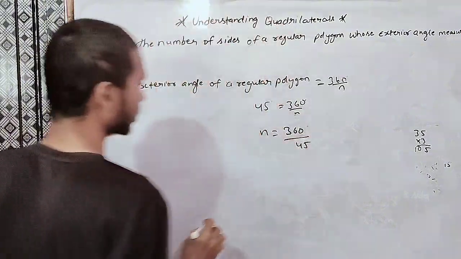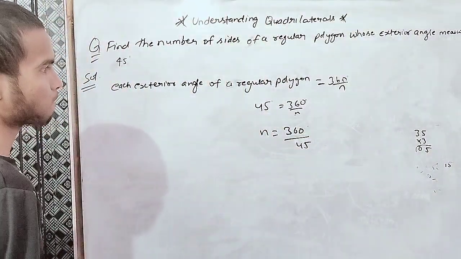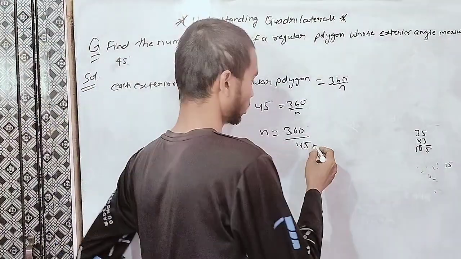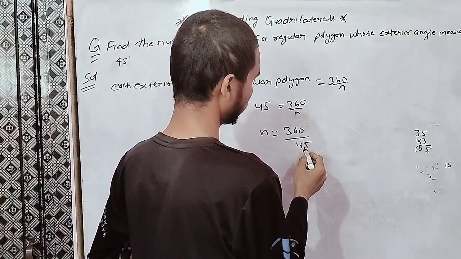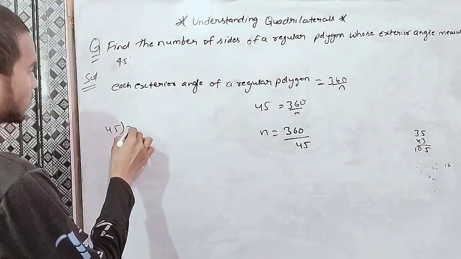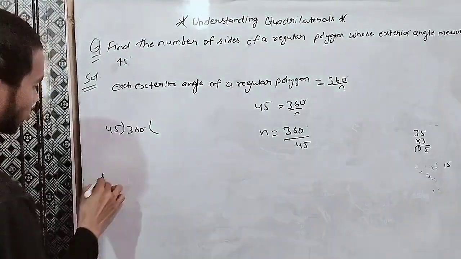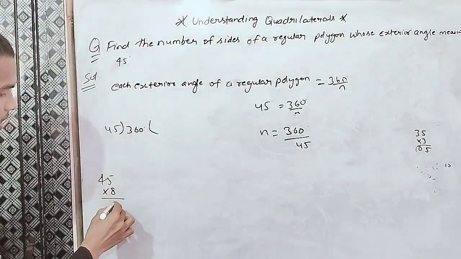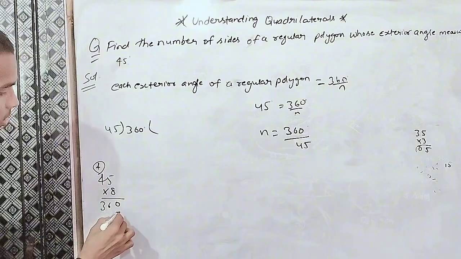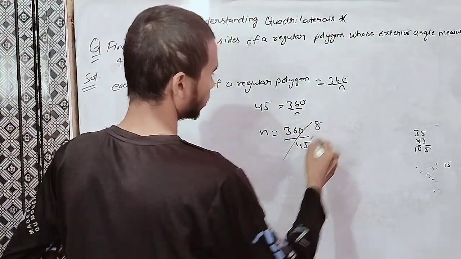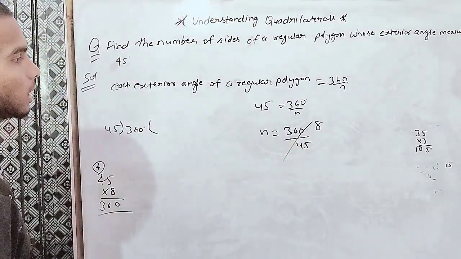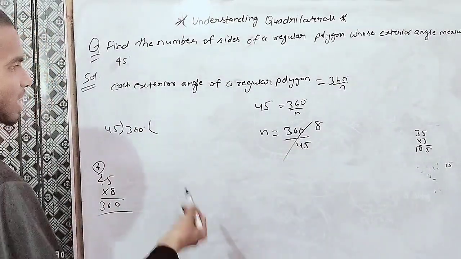Okay, 360 divided by 45. 8 fives are 40, and 36. 8 times 45 will be how much? 360.